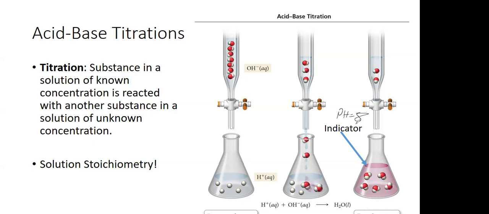The unknown could be an acid or it could be a base. It could be either or. In this example, I just did acid. There's no reason why your unknown couldn't be a base though, and you add acid of known concentration. And although in lab you only do acid-base titrations, you can do titrations for non-acid-base substances as well.